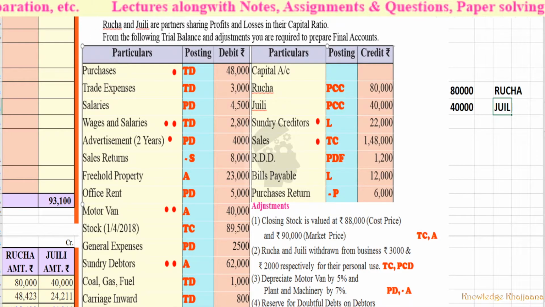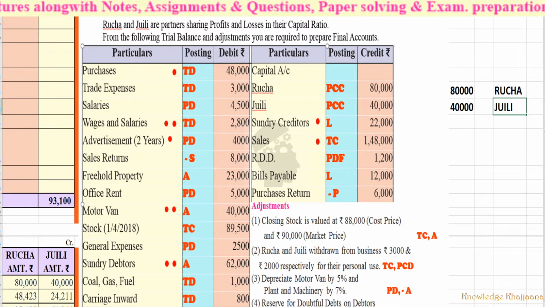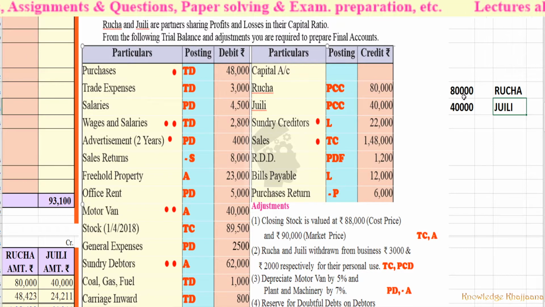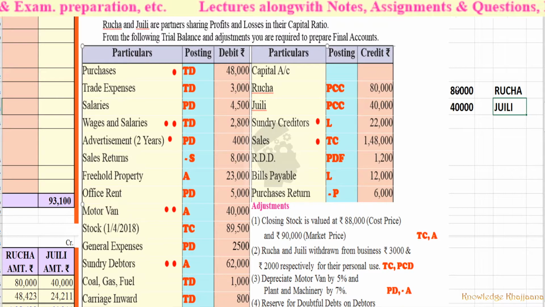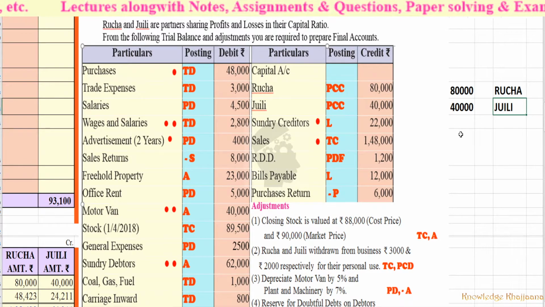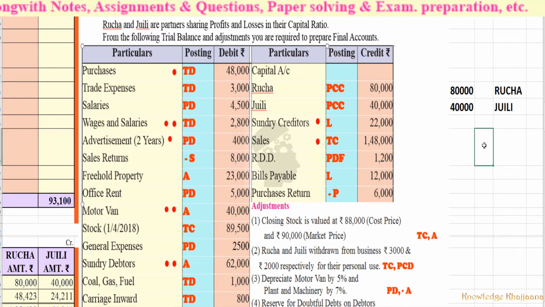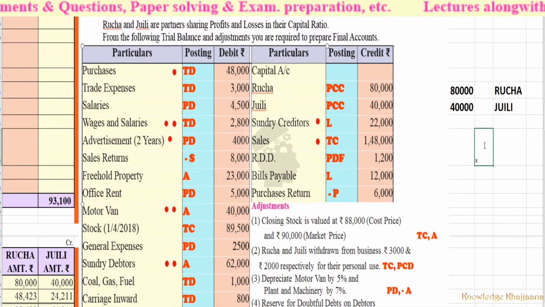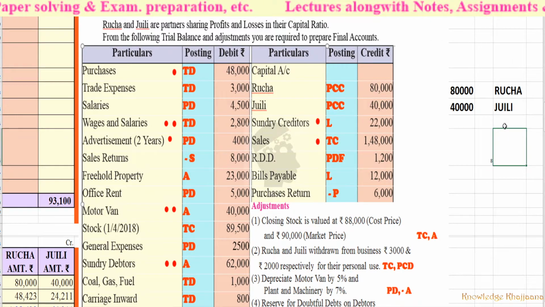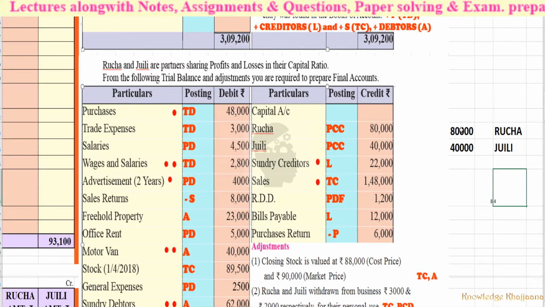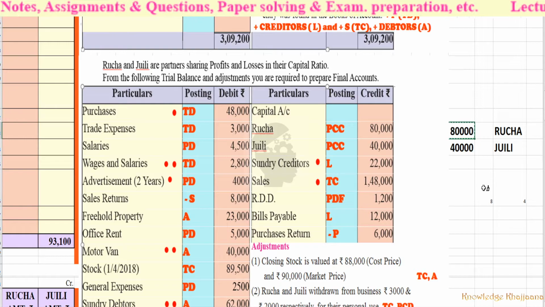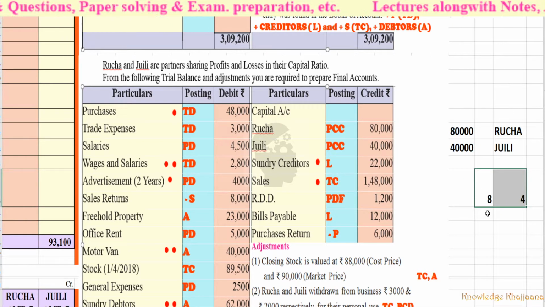Now what would be the ratio of profit sharing between them? 80,000 is to 40,000. If we cut the similar 4 zeros, we get 8 is to 4. What is meant by 8 is to 4?